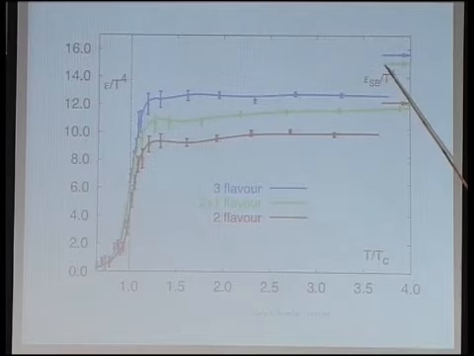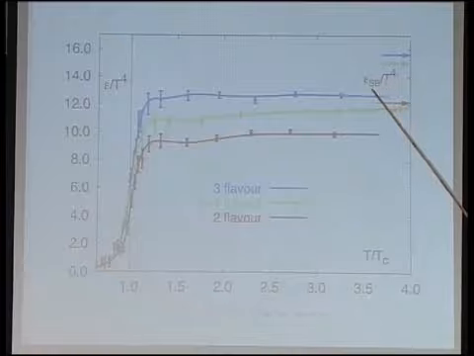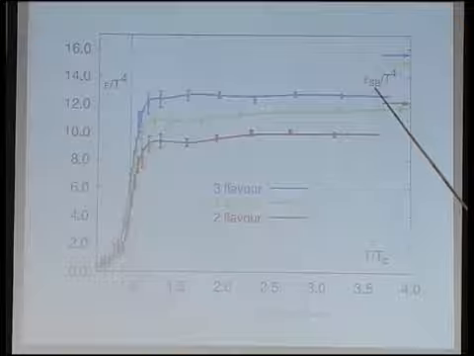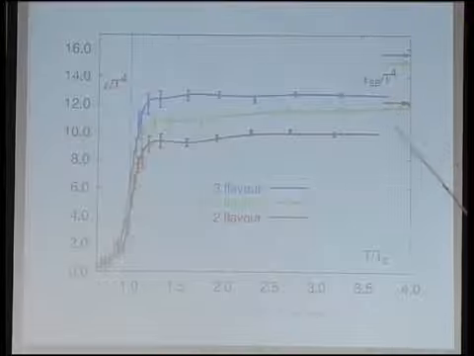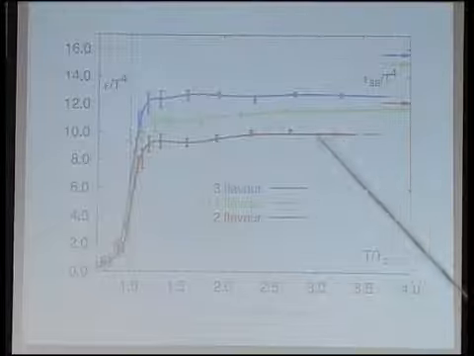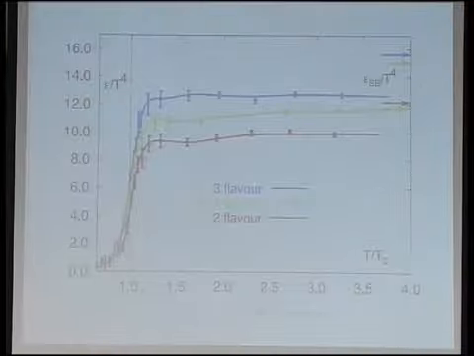If you take the field content of QCD and assume there are no interactions between the quarks and gluons, you get the Stefan-Boltzmann result for the free theory. And in all cases, the result that you get from the lattice just above the confinement is about 80% of the free result.